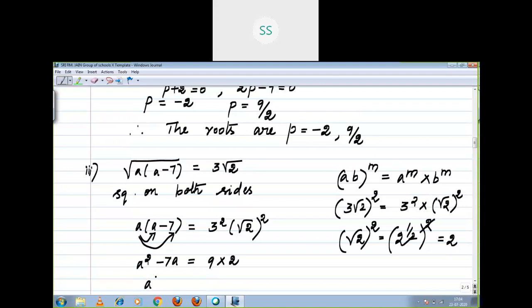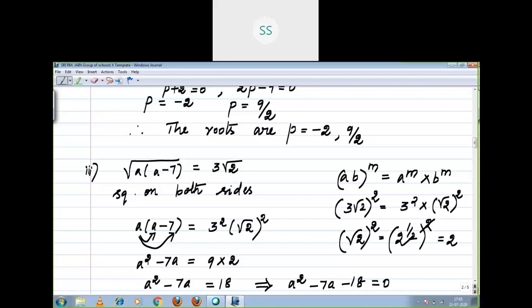Now, a square minus 7a equal to 18. We are going to get a quadratic, right? a square minus 7a minus 18 equal to 0. Right?